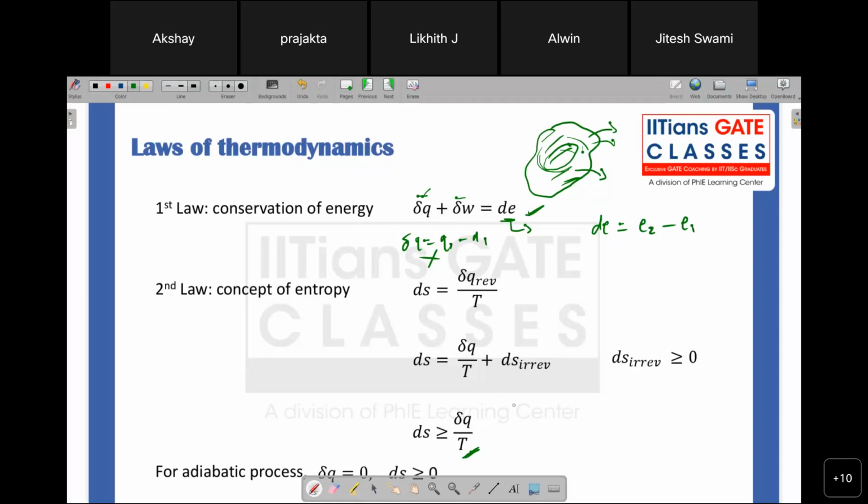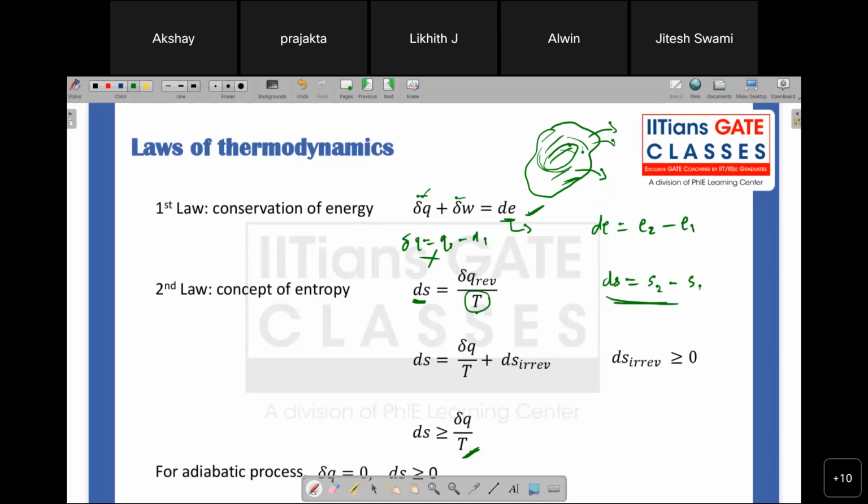So here we are looking at how the entropy is related to heat transfer. That is nothing but dS. Again, the moment I have a d, that means I can represent it as a point function, that is S2 minus S1. It is equal to the reversible heat transfer divided by the reference temperature of the system.